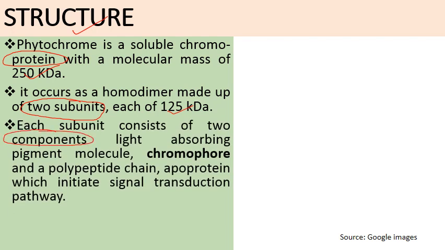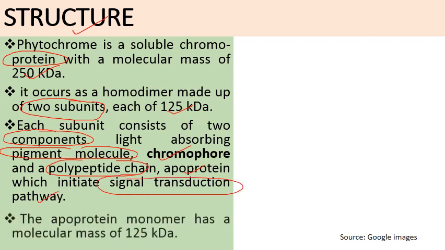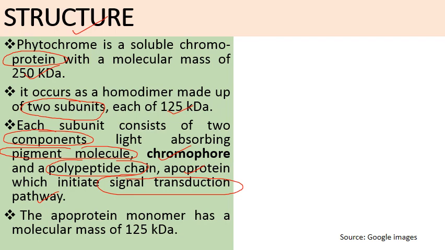One is a light absorbing pigment molecule जिसको कहा जाता है chromophore, and the polypeptide chain that is apoprotein. So 2 parts से मिलके बनता है एक सब यूनिट, chromophore and apoprotein, and this apoprotein initiates the signal transduction pathway. And the apoprotein monomer, जो single subunit है, उसका molecular mass होता है 125 kilodalton.